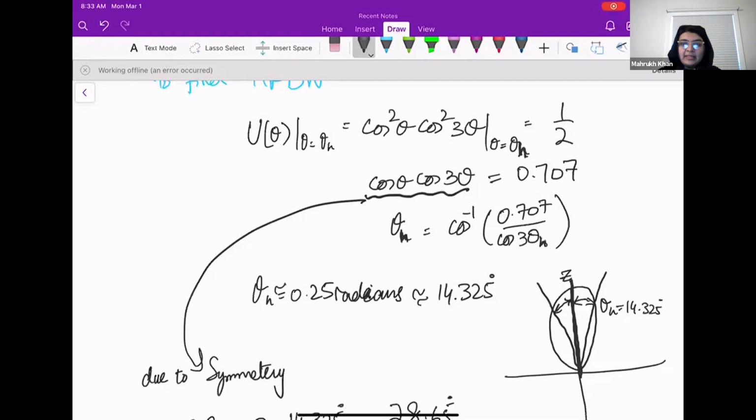The first radian that gives you the product near this 0.707 will be your half power beamwidth. You can easily do this with a computer by putting in a loop, to find the first point where it equals 0.707. This is the half power angle you have.